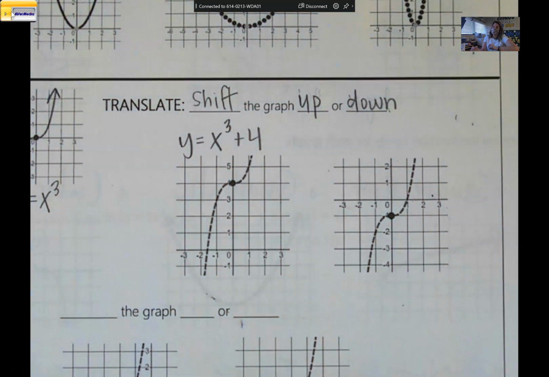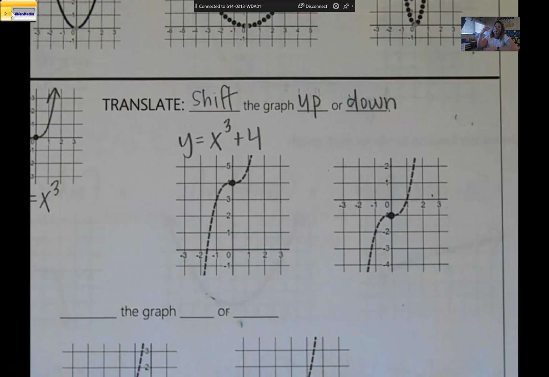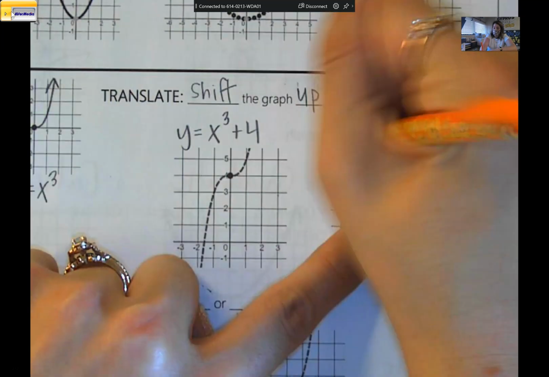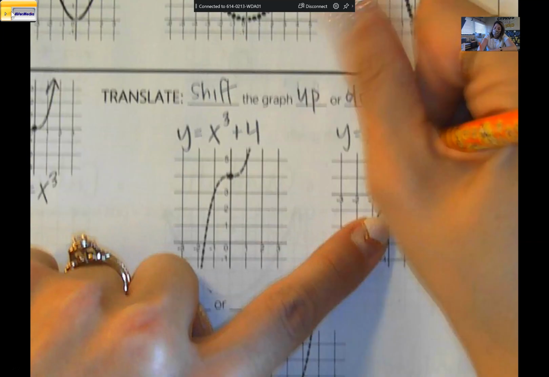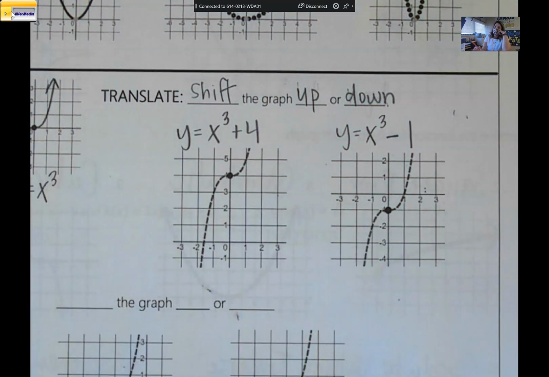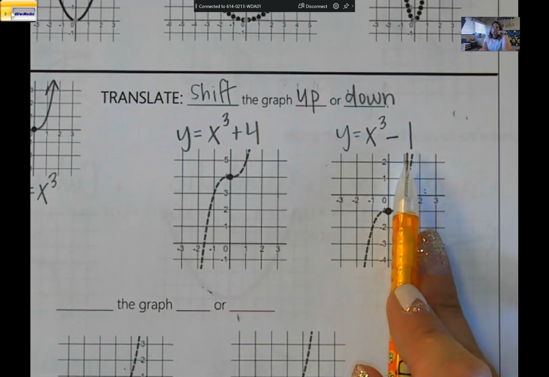That's how you take a cubic function or any function and move it up. You add to the entire function. This guy we're moving down, so he looks like y equals x cubed minus 1. We moved him down by 1. So this guy up 4, this guy down 1.